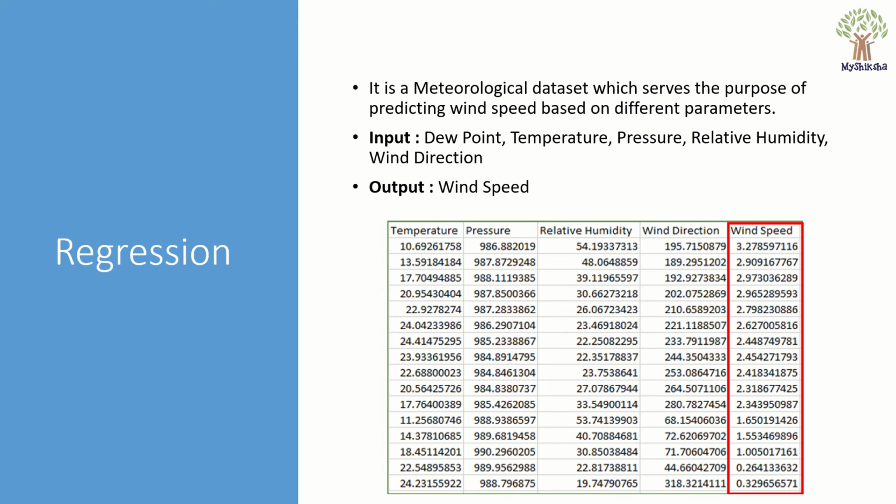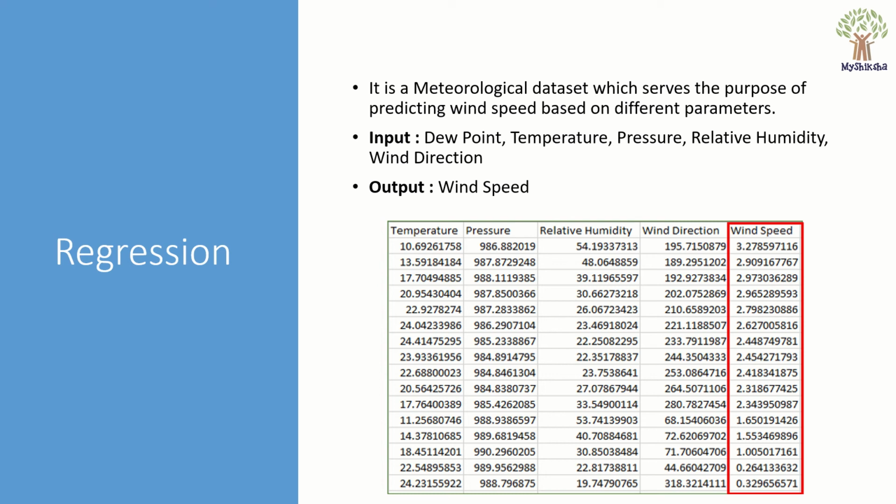Now let's look at an example for regression. What you're looking at here is a meteorological data set which serves the purpose of predicting the wind speed based on different parameters. So what is the output coming out of this function? It is the wind speed, which you find in the last column.